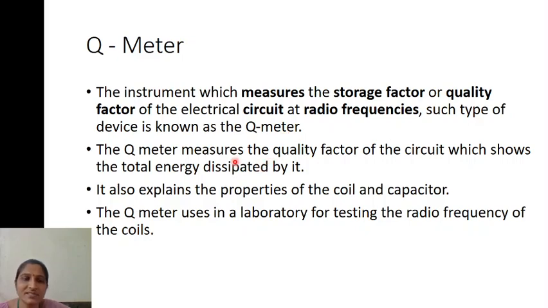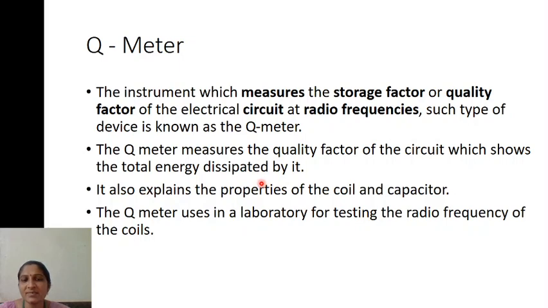So from that you can explain the working principle. The Q meter measures the quality factor of the circuit, which shows the energy dissipated by it. Omega L means energy stored and R means energy dissipated. So the Q meter measures the quality factor of the circuit, which shows the total energy dissipation.